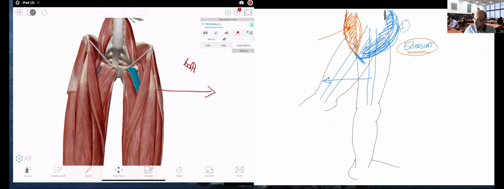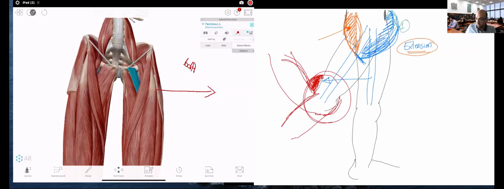But for the knee, if the leg is moving backwards like this, it's not an extension. Why? Because the angle of the joint is here. So what happened to the angle of the joint? It has been reduced. Flexion means you are reducing the angle of the joint. You need to know where the angle of the joint is first. General rule: all the angles of the joints are going to be in the front.